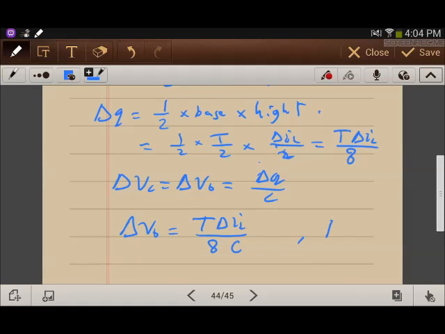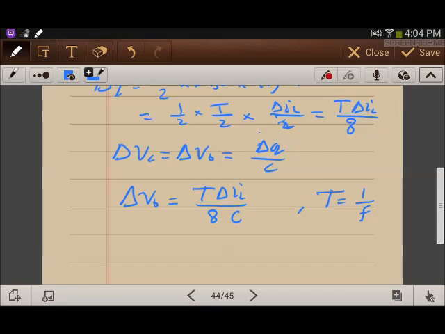We know that T is 1 over F, switching frequency.